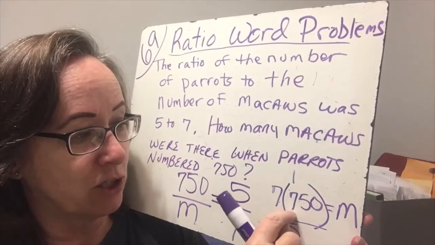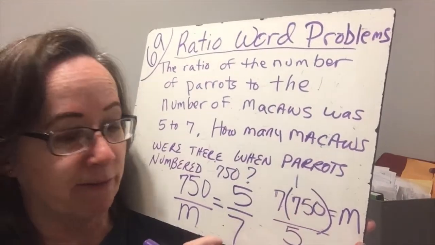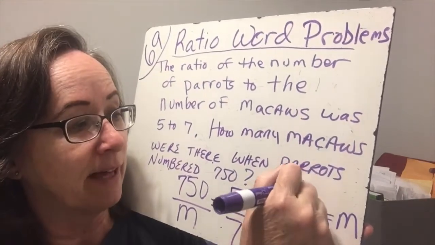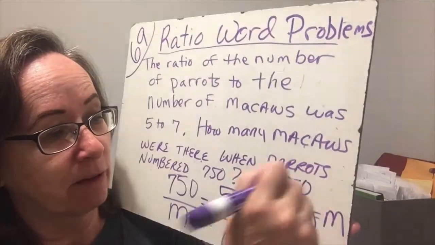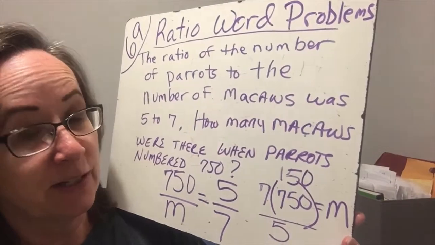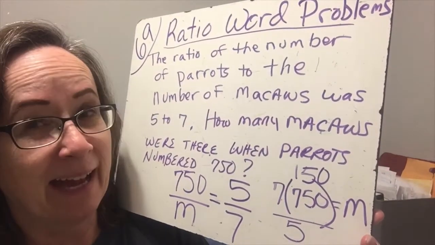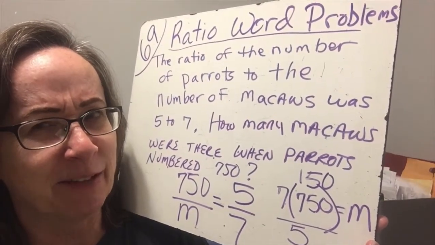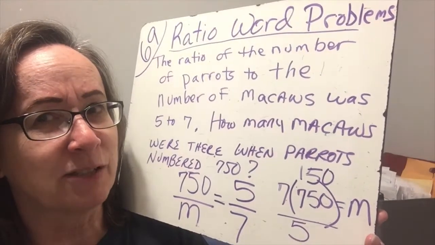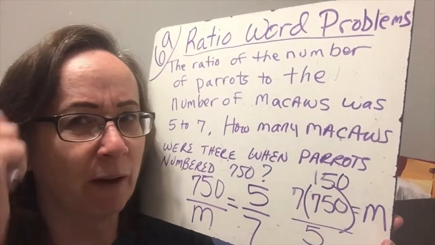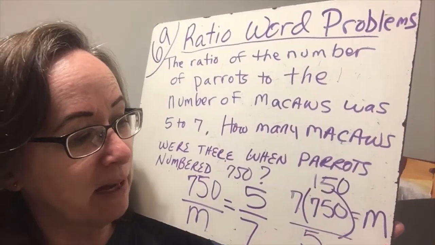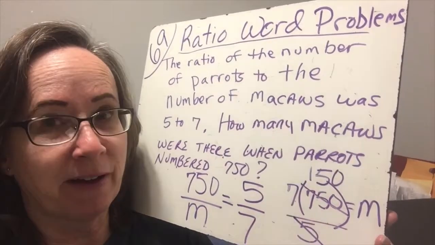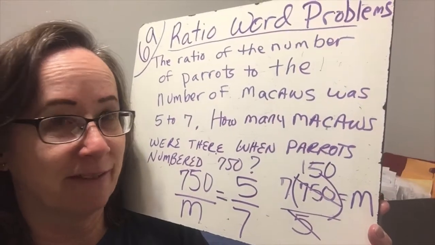And then we're going to have a 2. So 2, 5, 25. 5 goes into 25 5 times. And then we're going to tack on a 0 for the extra 0. I also already knew that 75 divided by 5 was 15. That was already in my head. Now we have simplified the 750 and the 5.